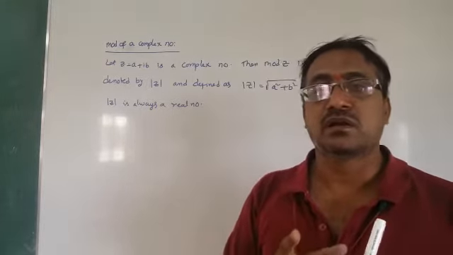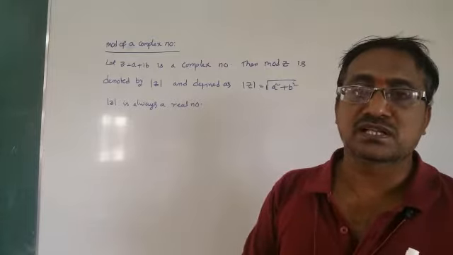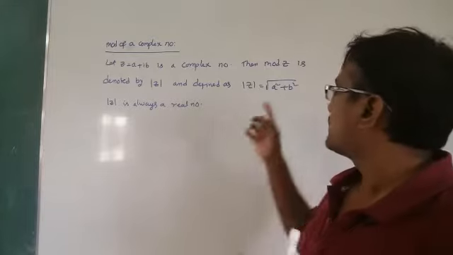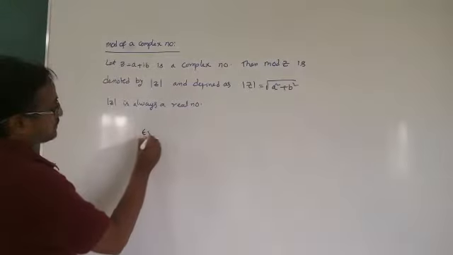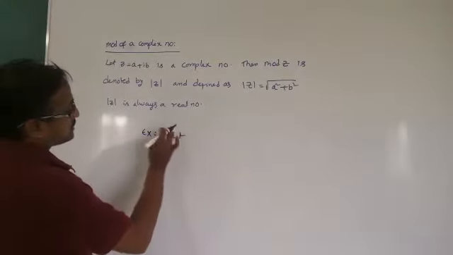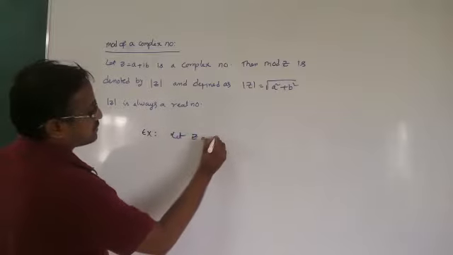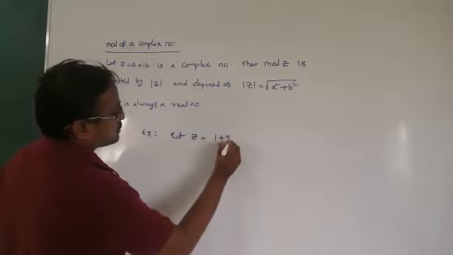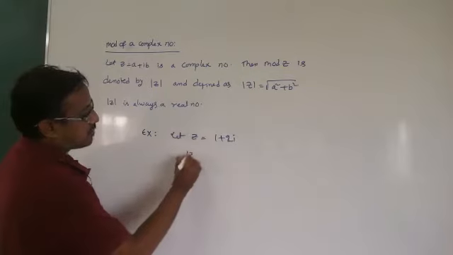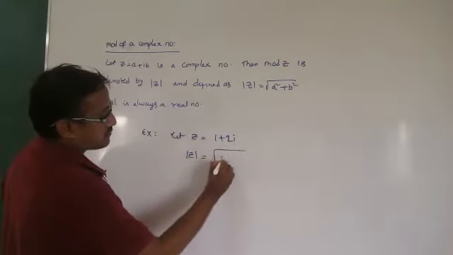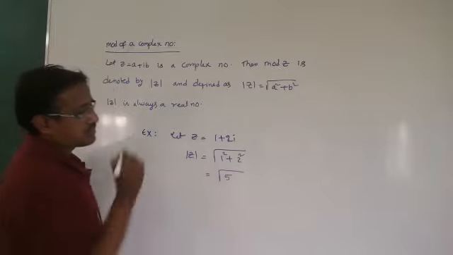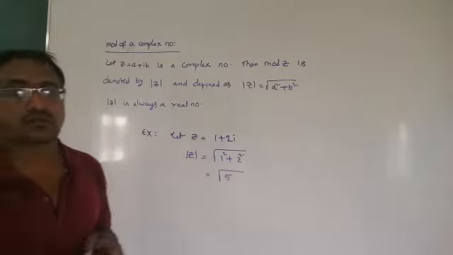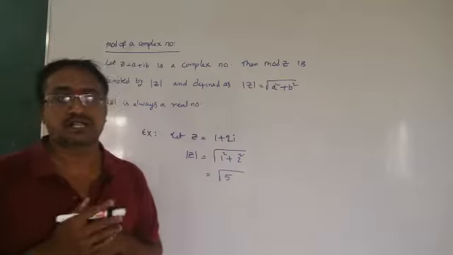Very important. For example, let capital Z be equal to 1 plus 2i. Then mod Z is given by root over 1 square plus 2 square, so that will be root 5. That is the modulus of the complex number.